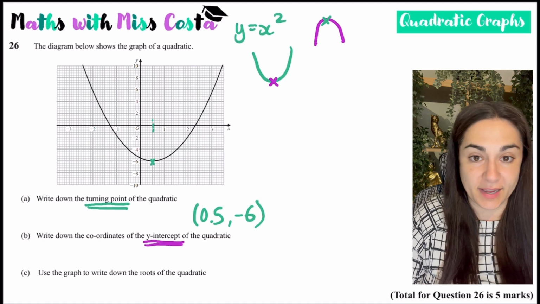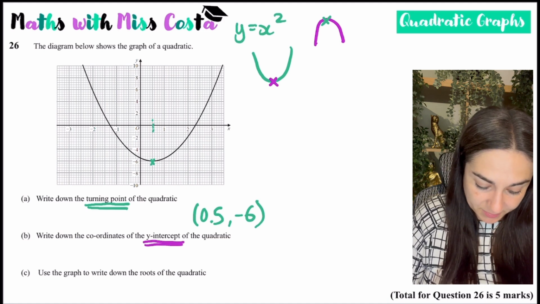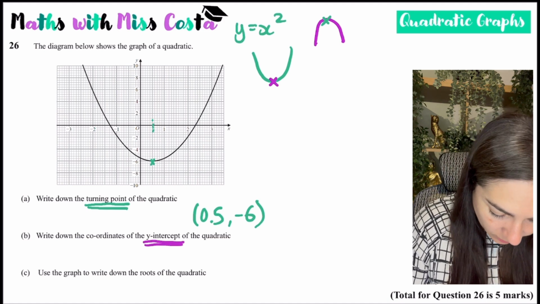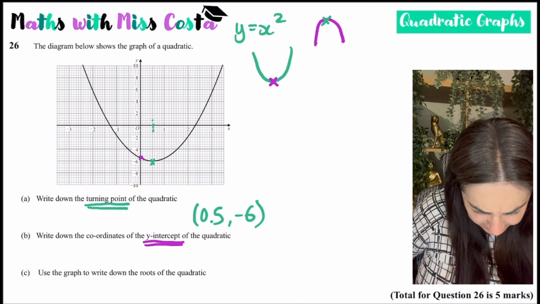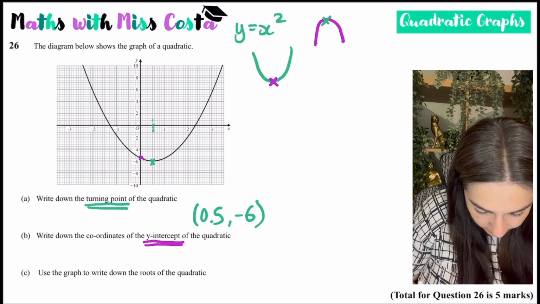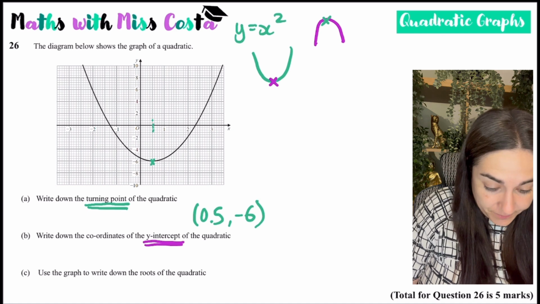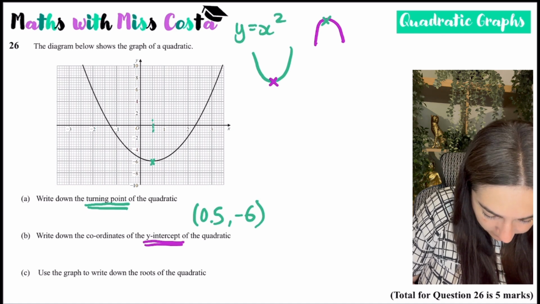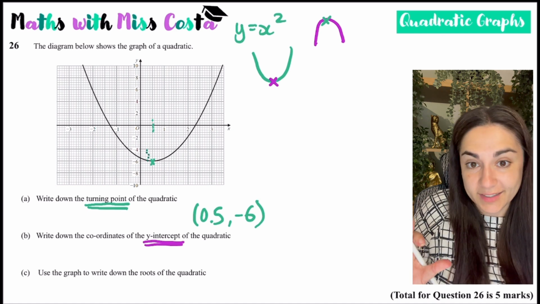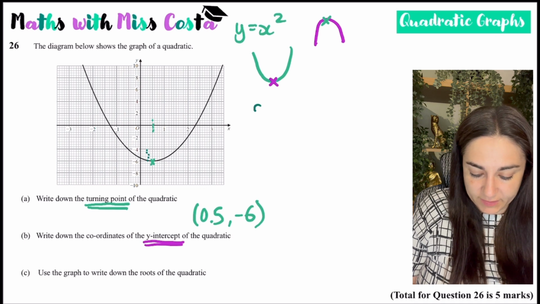Next, I need to write down the coordinates of the y-intercept. Now this is the same as with your straight lines. The y-intercept is literally where the line crosses the y-axis. So this is quite small on my iPad, but it's going up. There's 1, 2, 3, 4, 5 squares, and there's a difference of 2.